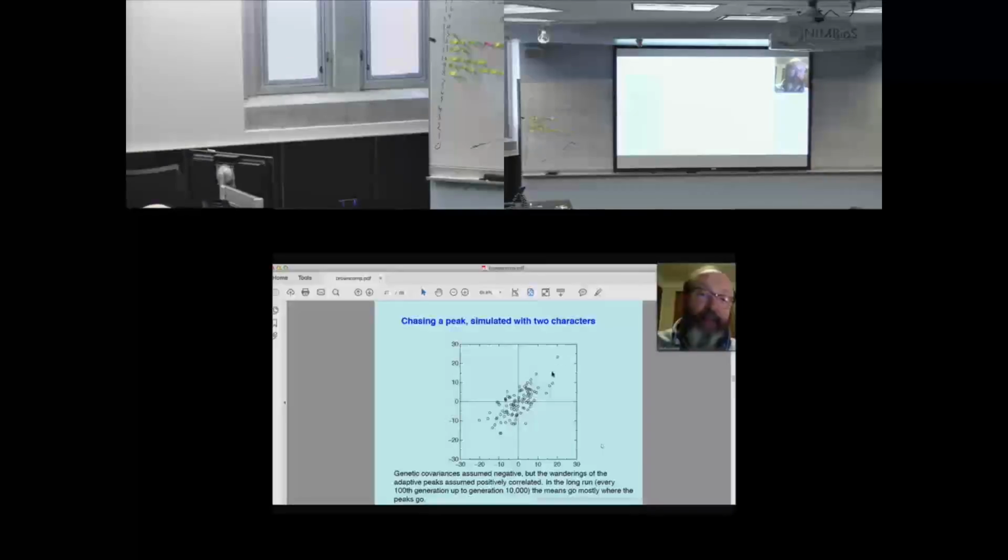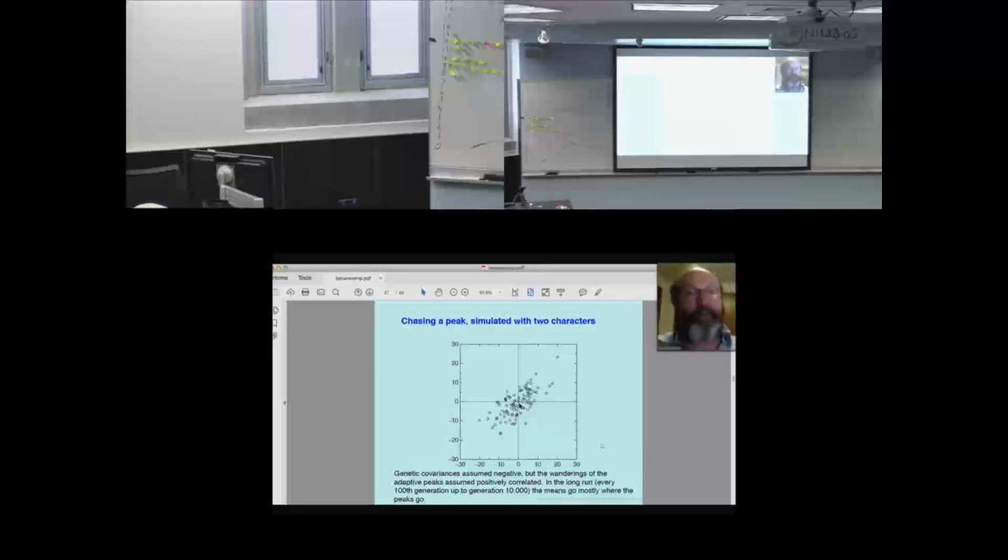And I should point out also that in addition to the covariation of movement of the optima and the genetic covariation, there is the question of, what's the covariation induced by the shape of the peak? And that's what Steve was talking about earlier.